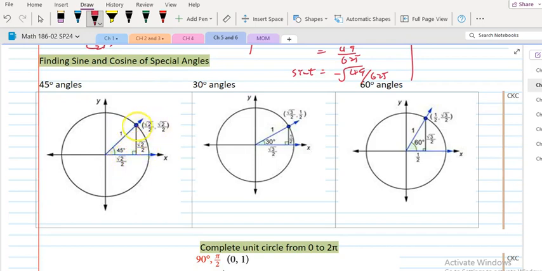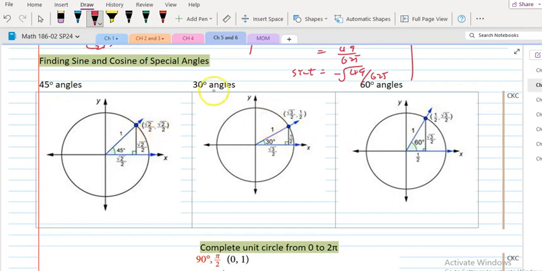So the point of intersection is root 2 over 2 comma root 2 over 2 for a 45 degree angle. That means cosine 45 is root 2 over 2, and sine 45, which is y, is also root 2 over 2. These are the two numbers that we need to recognize.